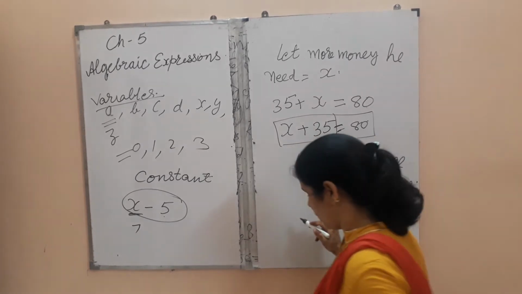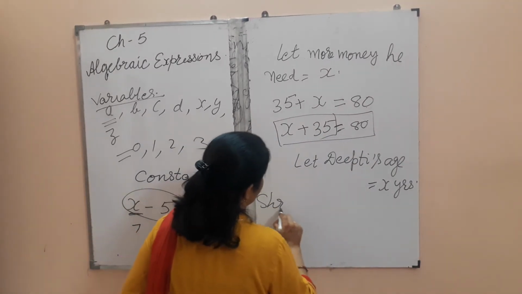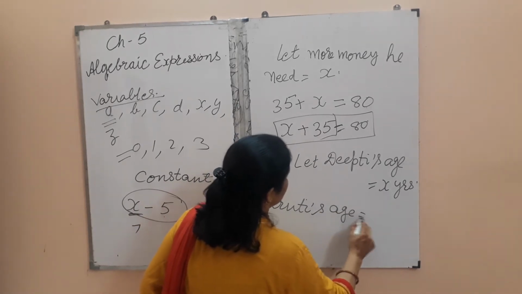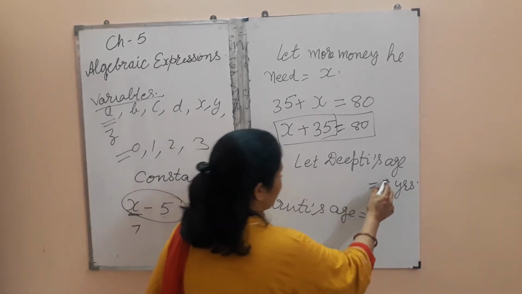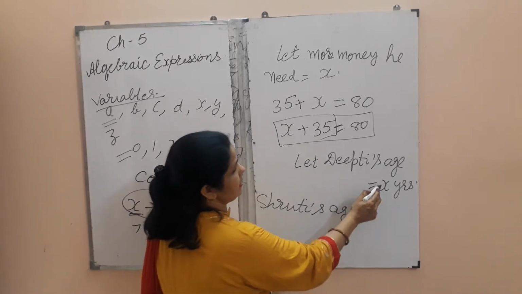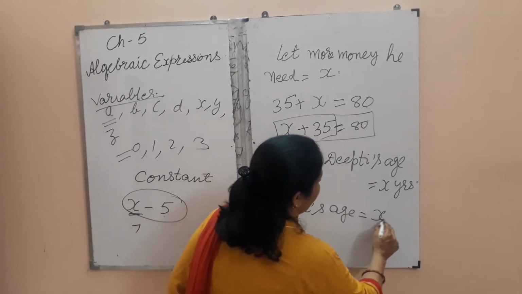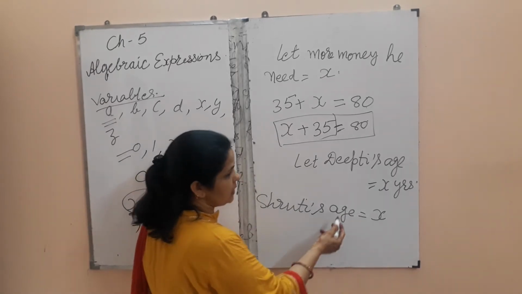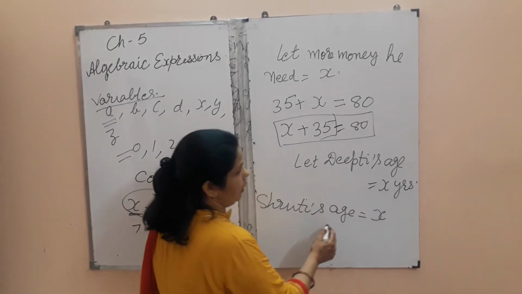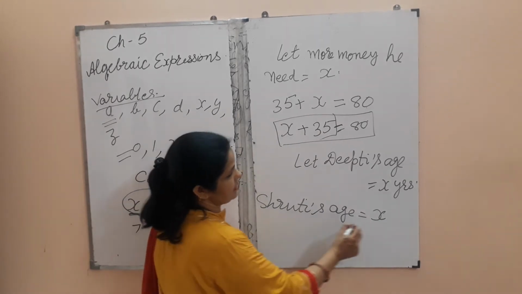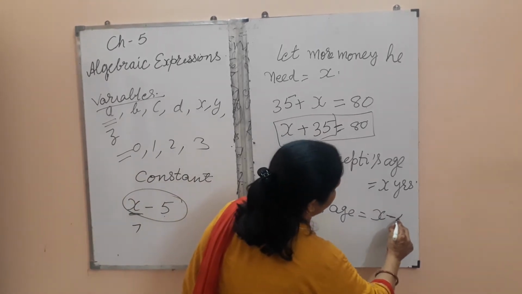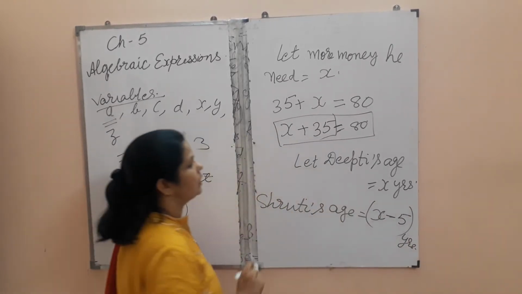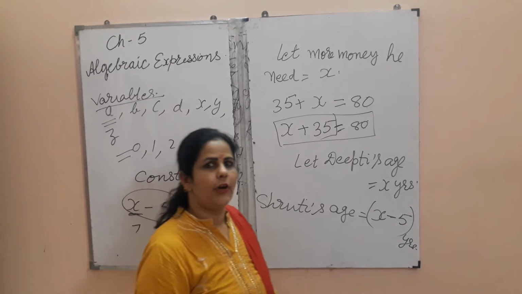So Shruti's age will be, she is 5 years less than Deepti. So x, if she was 5 years more than Deepti, then it would be plus, and now because she is 5 years less than Deepti, it will be minus 5. So the age of Shruti is x minus 5 years.